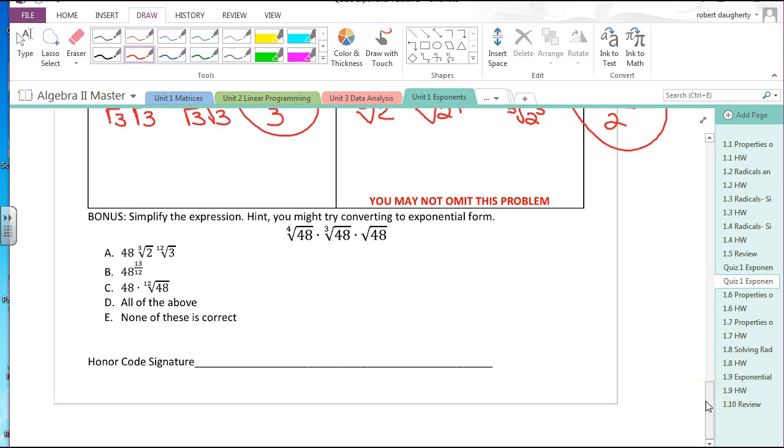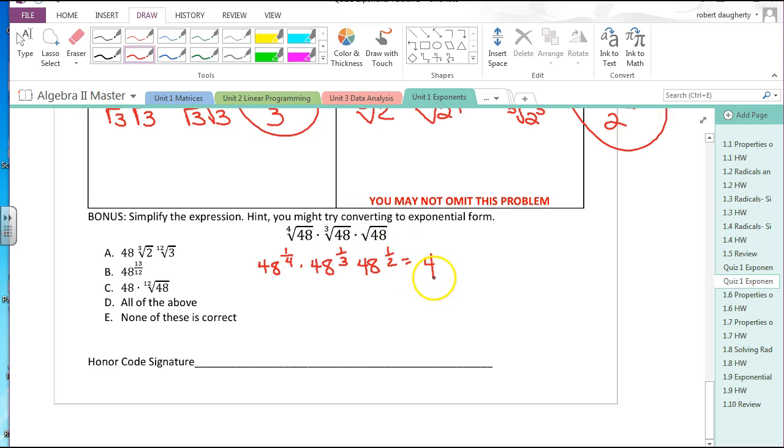Okay, this next one. If you get this one, you are really A+ on all your exponents. This one was complicated. So I've got 48 to the 1/4 times 48 to the 1/3 times 48 to the 1/2.